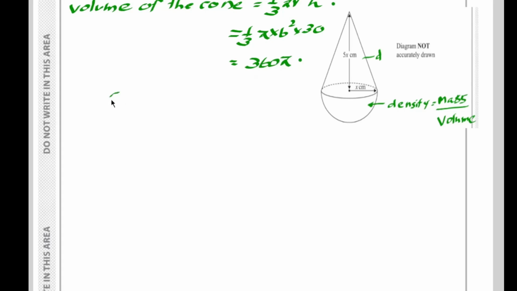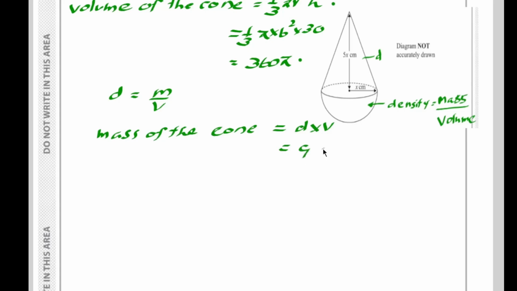So I know that density equals mass over volume. Then let's get the mass of the cone. Mass of the cone equals density into volume. Density is given in the question as 9.